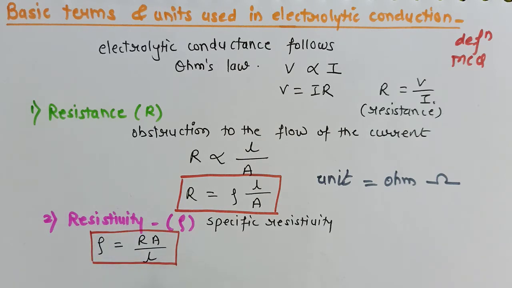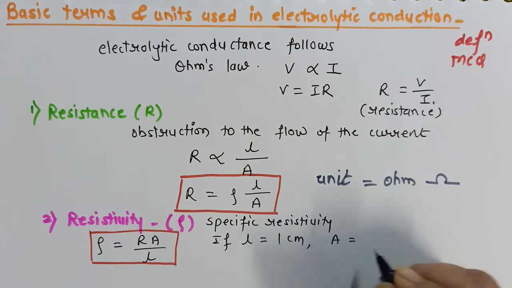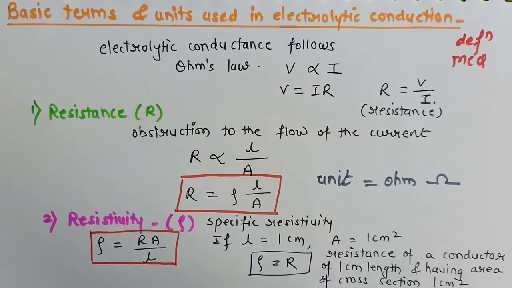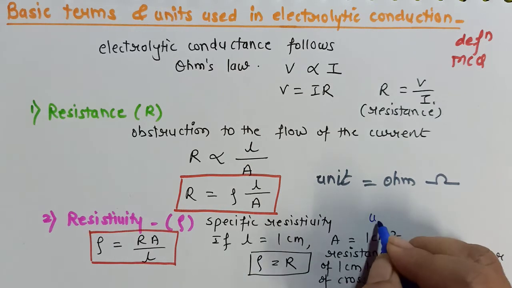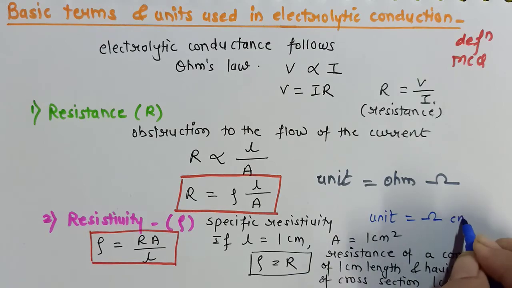Now, if in this formula I take length equals 1 centimeter and area of cross section equals 1 centimeter square, then rho becomes equal to R. So how can we define resistivity? Resistivity is the resistance of a conductor of 1 centimeter length and having area of cross section 1 centimeter square. What is the unit of resistivity? It is ohm centimeter.